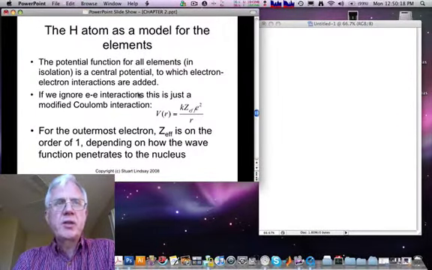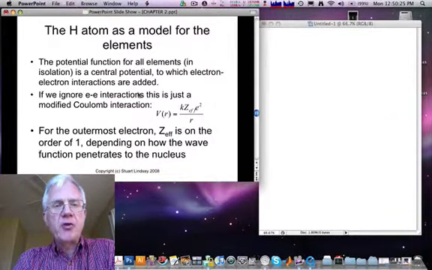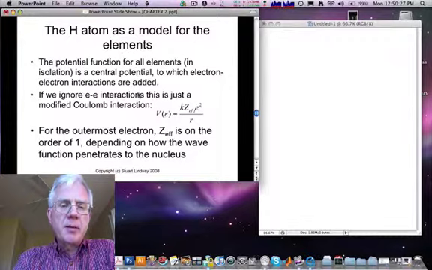So now we turn to a discussion of how the states of the hydrogen atom resemble those of multi-electron atoms and how they can be used as a model for all of the elements.